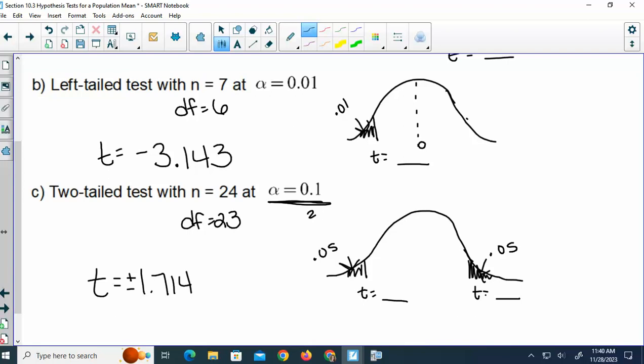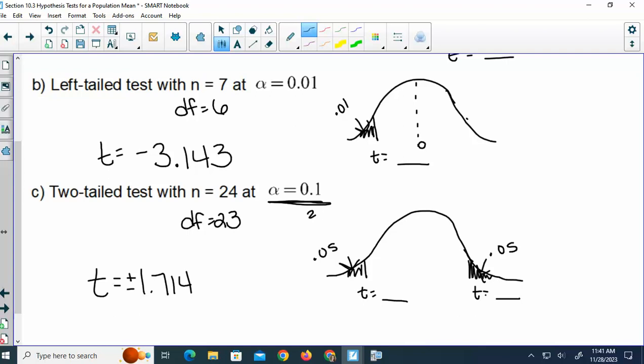So let's talk about the hypothesis testing. Just like when we're doing it with the population parameters, the p's, we have multiple options. We can do the classical approach, we can do the p-value approach, and we can also use our calculator. I'm going to show you all of them. I don't use the classical approach very often.